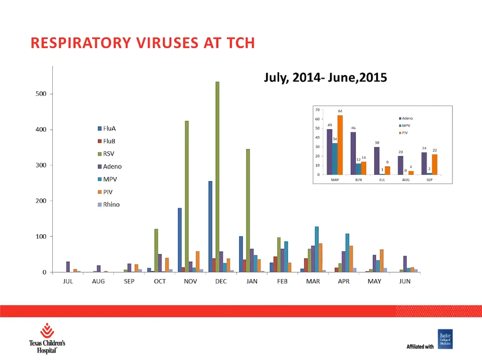So I wanted to share just a little bit of our respiratory virus data. This is from July 2014 to June 2015. You can see here in the winter, again, as we've discussed, in the green we see mostly RSV, in the blue we see influenza A. But in the inset here, looking at the months of, for example, May, June, July, August, and September, we don't see flu during that time period.